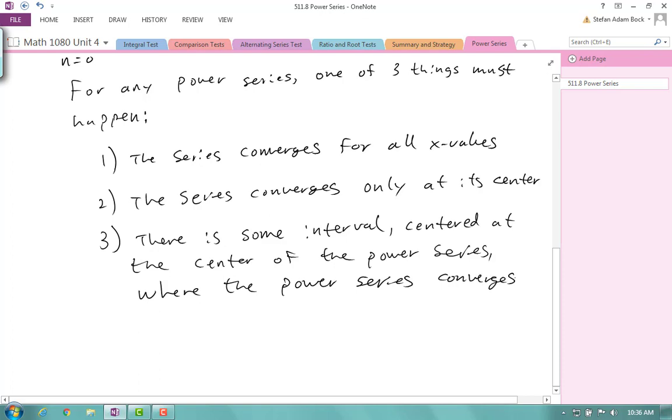And we can get this with the basic geometric series. The geometric series will converge on some interval. As long as the common ratio is smaller than 1, it'll converge. But if the common ratio, that r, is bigger than 1, then it's going to diverge.